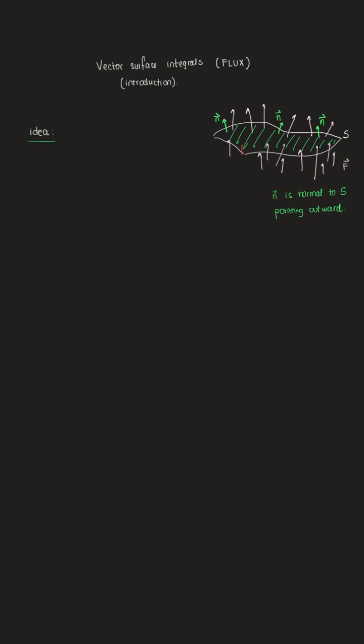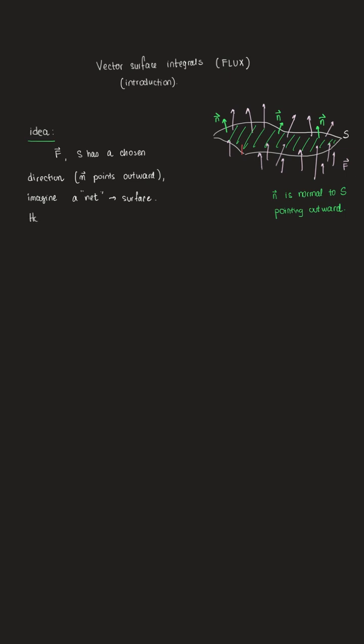So let's write that down. Let's write the idea that we have some kind of vector field, F. S has a chosen direction, and that's chosen by the direction of the normal. We'll say that the normal N points outward. Imagine a net, and that's your surface, and basically how much of the field is flowing through that net.